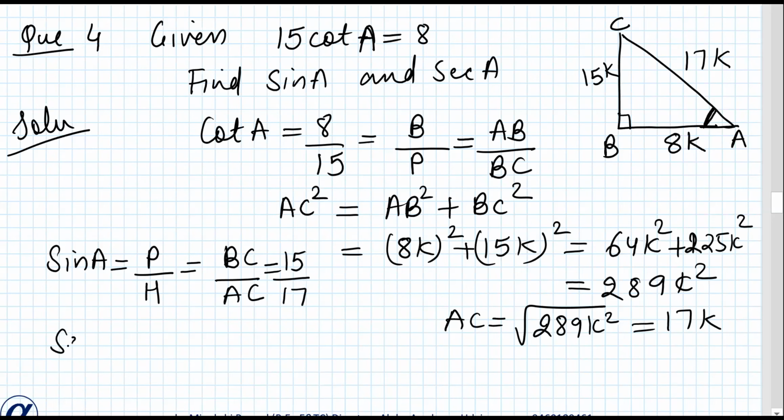Sec A is hypotenuse upon base, 17 upon base, base is 8. This K and K will cancel, so I am not writing this K term. So 15 by 17 and 17 by 8. Both answers are correct.